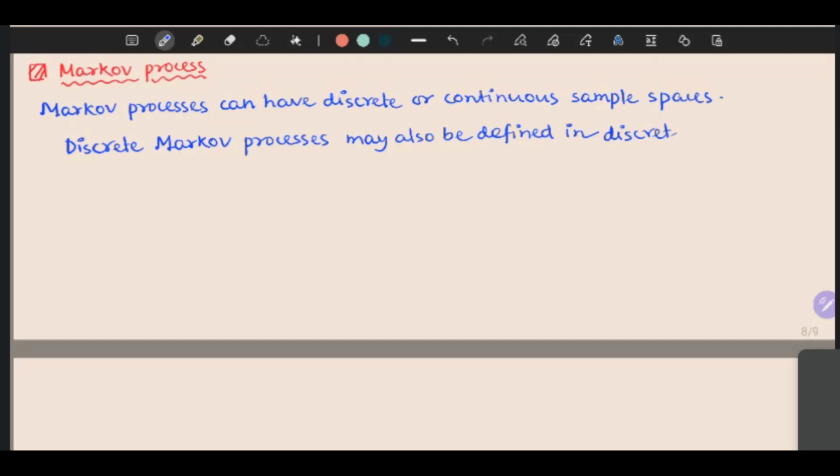When they are discrete time Markov processes, this is called Markov chains. There are various discussions in the literature, but here we will discuss continuous time.